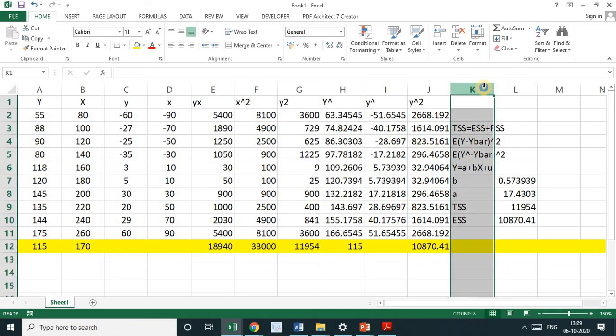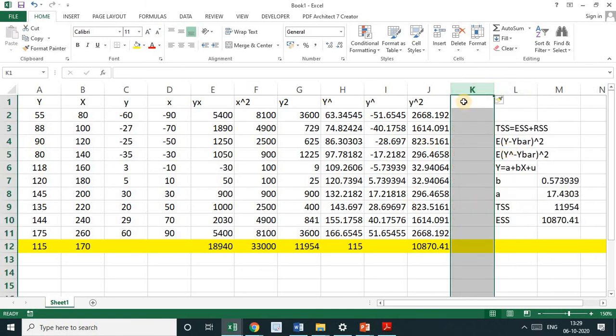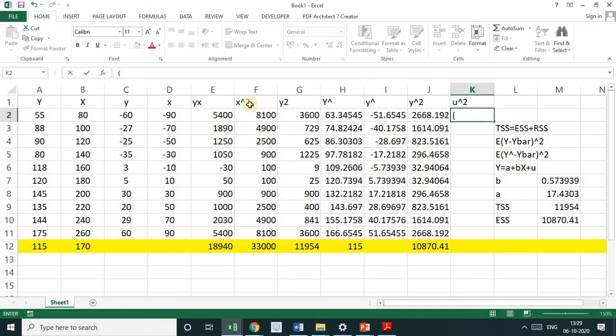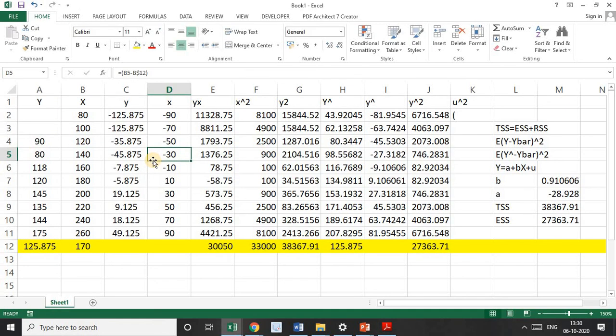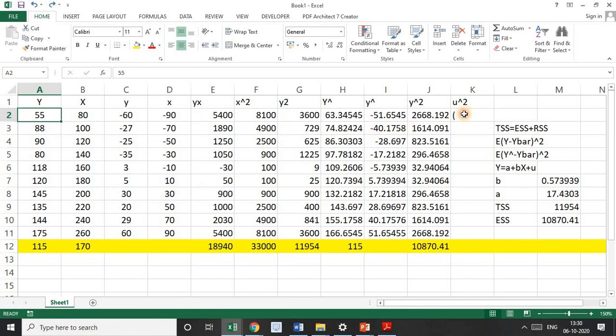Now we can find u cap square. U cap square means this is the actual y minus this is your y cap.